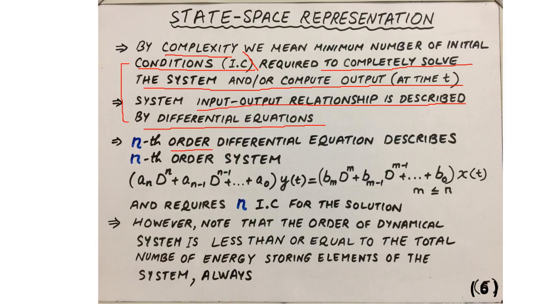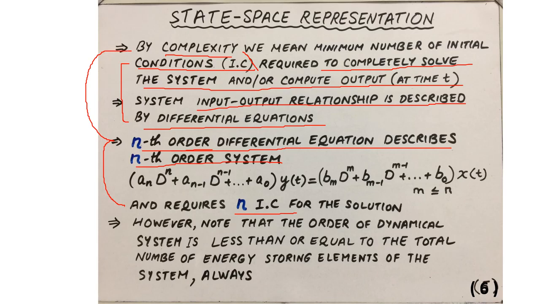So if we have a system described by an nth order differential equation, then that refers to an nth order system, and that requires n initial conditions. So the order of the system is described in terms of the number of initial conditions required to solve the differential equation, and that describes the complexity in turn.